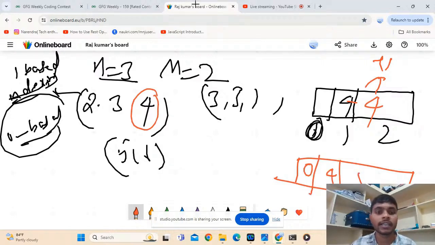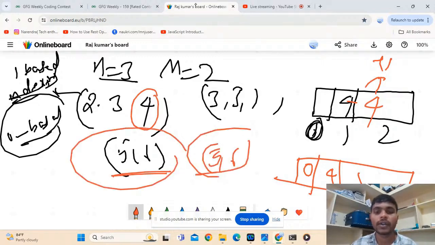Now the queries he gave are 5 comma 6. For the first query we have to return how many students have at least 5 candies: only one. For the second query, 6, how many children have at least 6 candies?